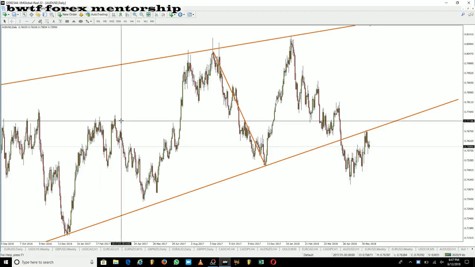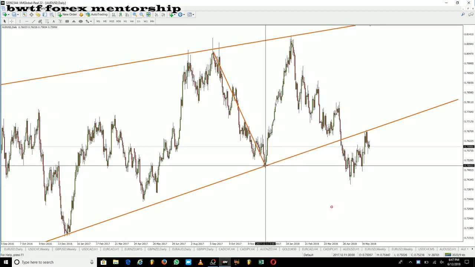So if I buy here and say the market is going to come all the way up there, you can see the numbers. The first number is the number of candlesticks. If you're on a daily time frame, that's the number of days. And the other number is pips.